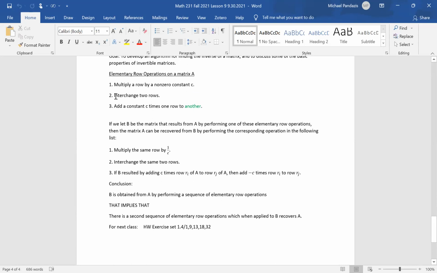And so the conclusion we can draw from these elementary row operations and these inverse operations is that if you're given that a matrix B is obtained from A by performing a sequence of elementary row operations, these 3, then that implies that there's a second sequence of elementary row operations which, when applied to B, recovers A. Okay?